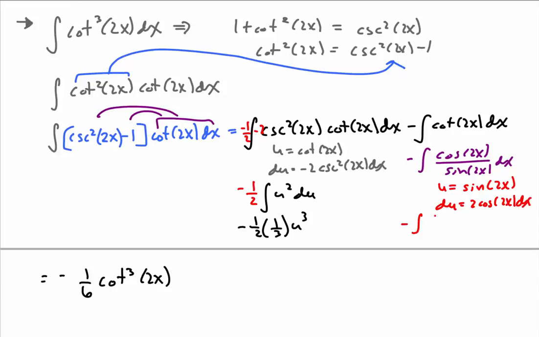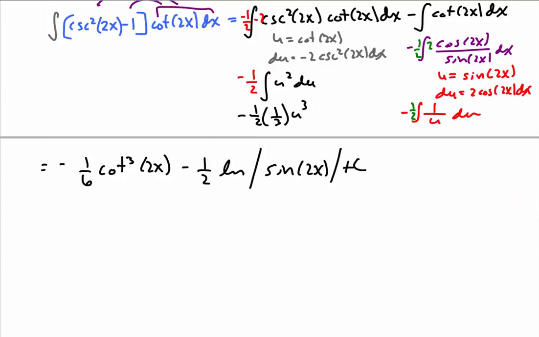So this is 1 over u du. The only thing I'm missing is a 2 on the inside and a 1/2 on the outside. So this 2 cosine 2x dx becomes my du. Now this integrates into minus 1/2 natural log absolute value of u, which is the sine of 2x, plus c.